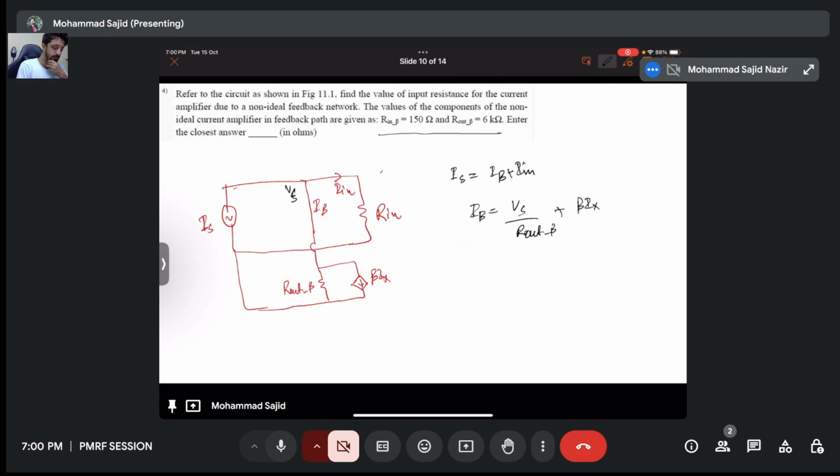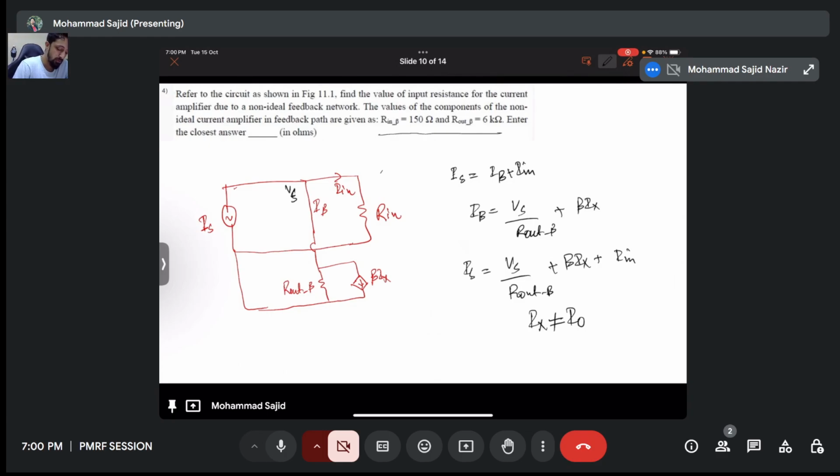And since I S is I beta plus I N, it will be V S by R out B plus beta times Ix plus I N. So now Ix is not directly equivalent to I naught because of R in underscore beta.